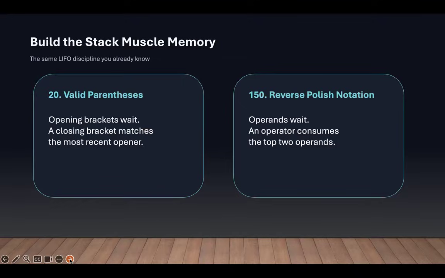And in LeetCode 150, reverse Polish notation, the stack acts as temporary memory or a waiting room, holding operands until an operator comes and consumes the top 2 elements. So the key in both cases is last in, first out, or the LIFO principle that we already know. We need to process data sequentially without needing to rescan previous elements.